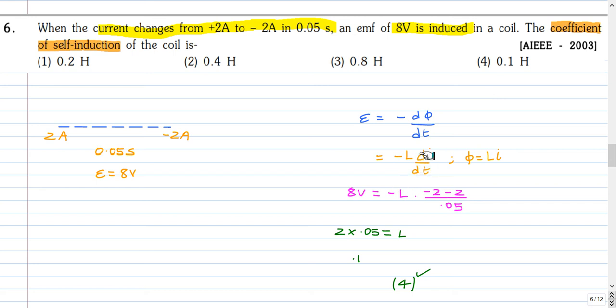So it will become minus L into di by dt, and the current is changing from 2 to minus 2, so the change in current is minus 2 minus 2, final current minus the initial current, divided by the time taken for the change, that's 0.05, and the induced EMF is 8 volts. So from this we get the self-inductance of the coil as 0.1. Correct option is option 4.